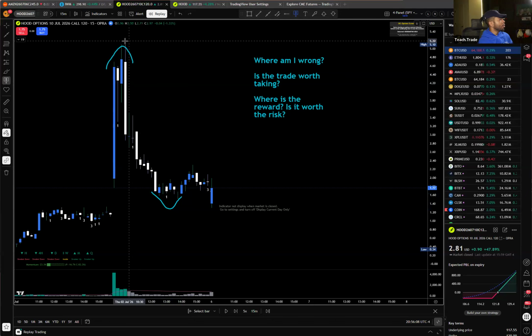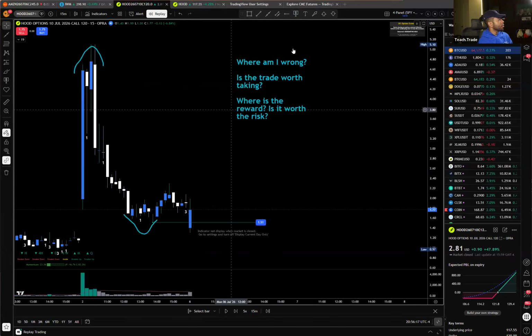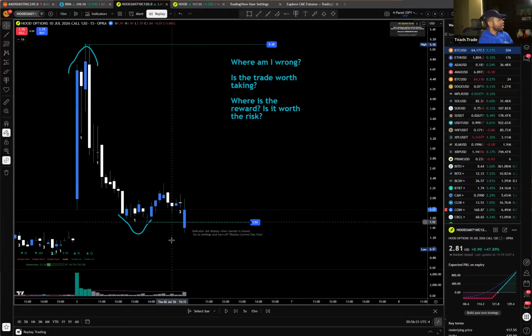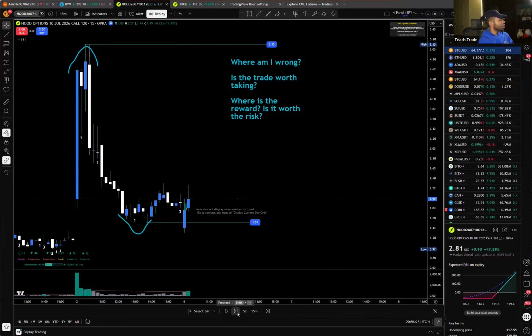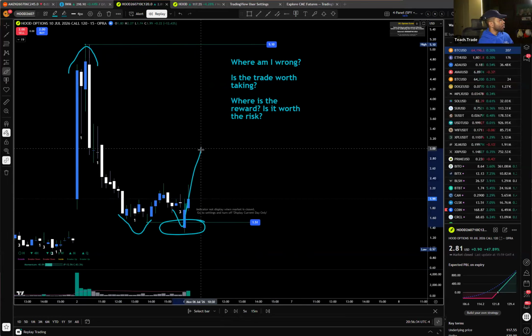So what we do is we mark our high and our low. And so the very first thing that this contract does is that it hits a previous low. And so if this hits a previous low and reverses, well, now we have a level about where am I wrong. Okay, we hit this low, we bounce through.